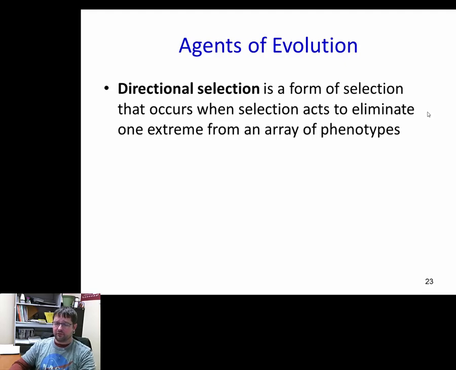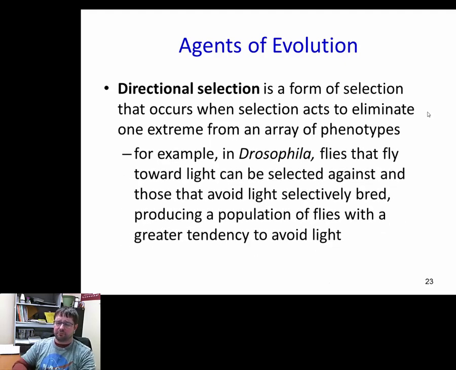Directional selection, so this is selection of one of the extremes, and there's tons and tons of examples. One of the best examples is experiments that have been done in the lab, where you can take things like fruit flies, and fruit flies naturally will fly towards the light. And if you place a light over, say, a fruit fly container, the fruit flies that fly towards the light will die. They'll get burned up and they'll die.